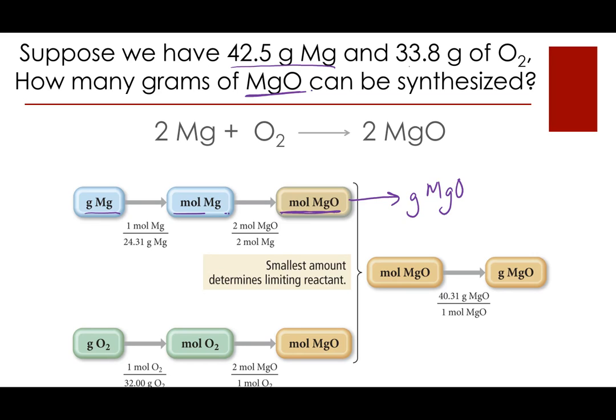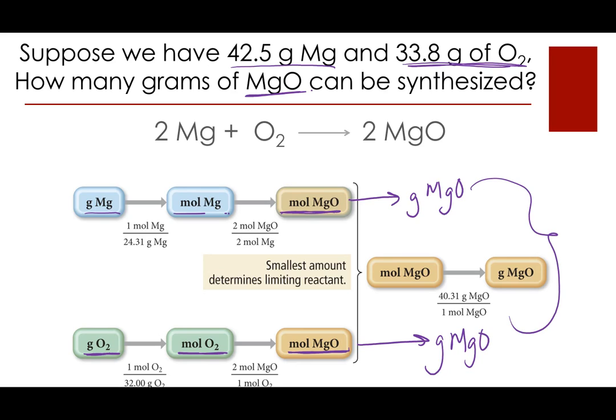Step 2, start with oxygen and do the same thing. So grams of oxygen, moles of oxygen, moles of the product, and you could go ahead and take that to grams of the product if you wanted. Okay. And then at this step, you're going to pick the smaller number.